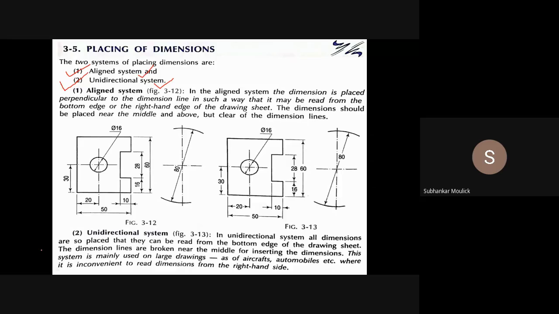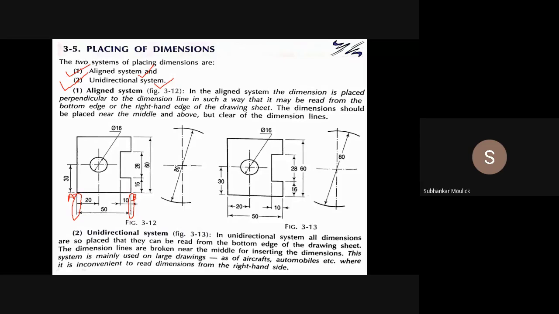Now, what is the aligned system? Assume that this end is A, this end is B. The distance between A and B is 50 mm. So in the aligned system, how will we designate it? From end A, I will draw an extension line. From end B, I will draw an extension line.